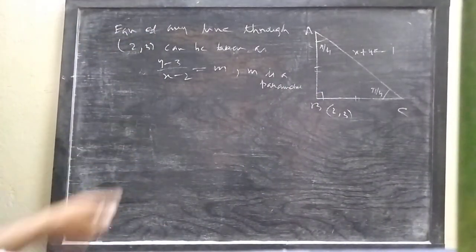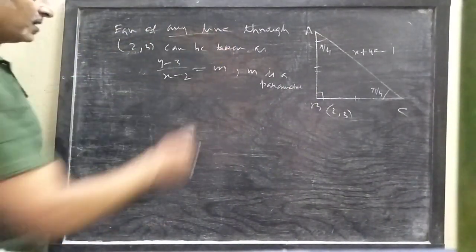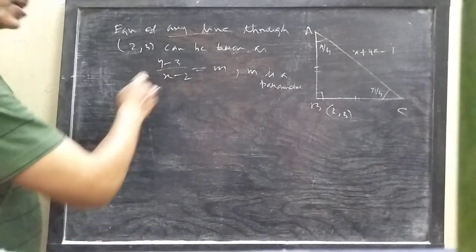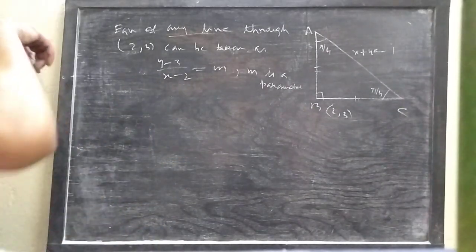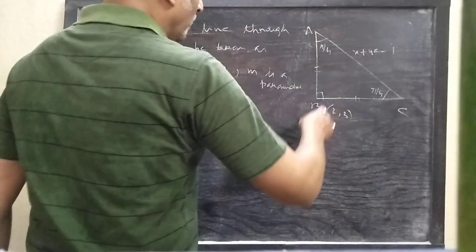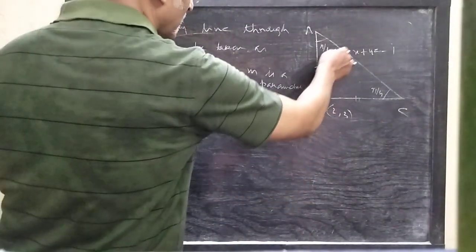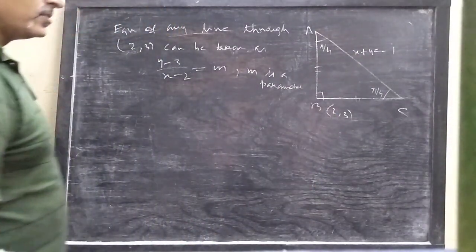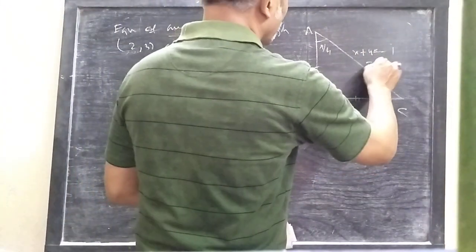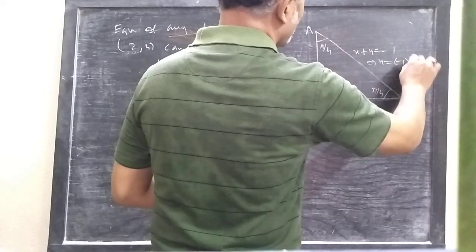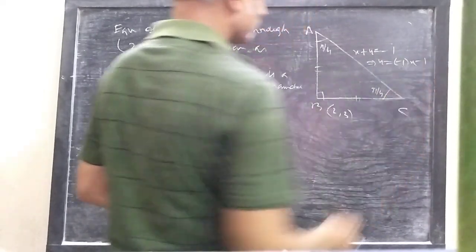Any line passing through (2, 3) can be written like this. Now if we consider this line as AB or BC, then the angle between these two lines is pi by 4.